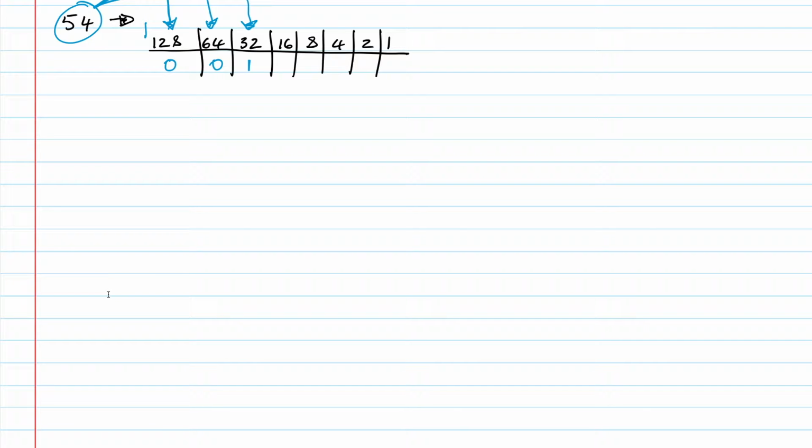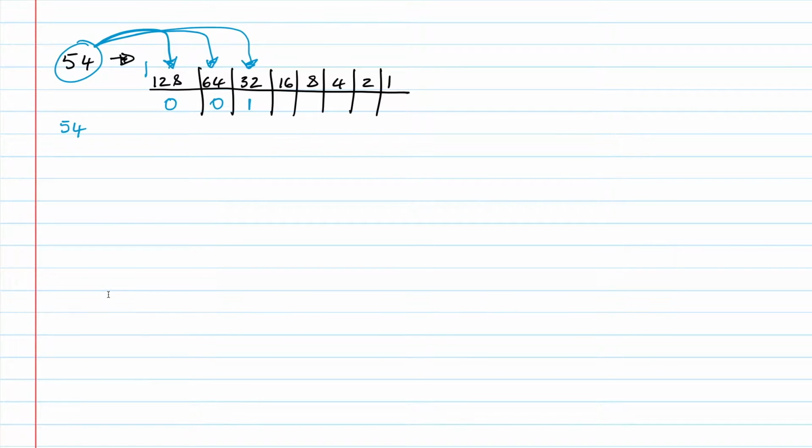Now what we have to do is work out what's left. So 54 minus 32, we can see that we then have 22 left.